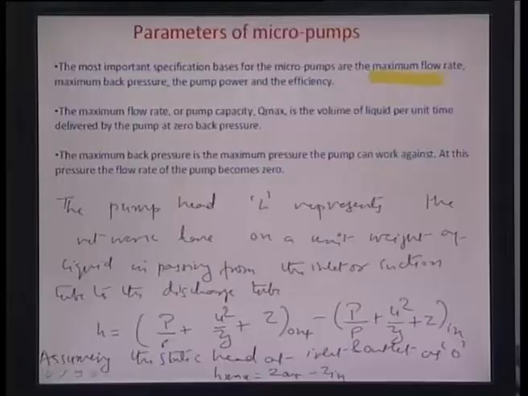So the parameters which are most important to define specifications of micro pumps are essentially the maximum flow rate, and quantities like maximum back pressure. And mind you, the back pressure is developed because you are constricting the forward flow into a very small venturi or a very small outlet, and definitely it is going to take some work for the pump to push the fluid through this small outlet.